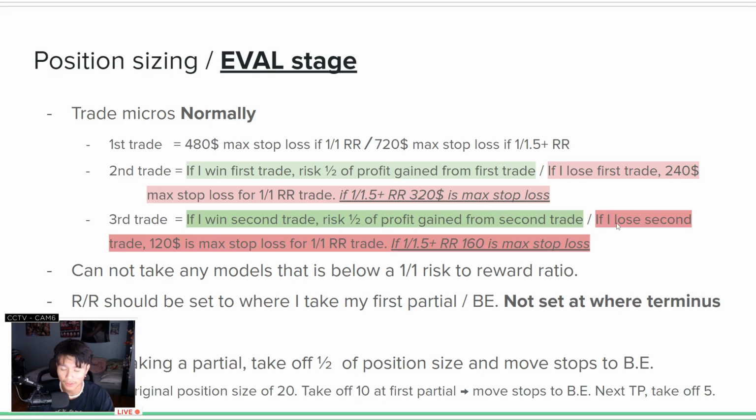If I lose my second trade, my maximum stop loss for 1-to-1 risk to reward will be 120. But if it's a 1 to 1.5 or higher risk to reward, then my stop loss will be 160. So those are just some of the numbers of the way I'm sizing right here.